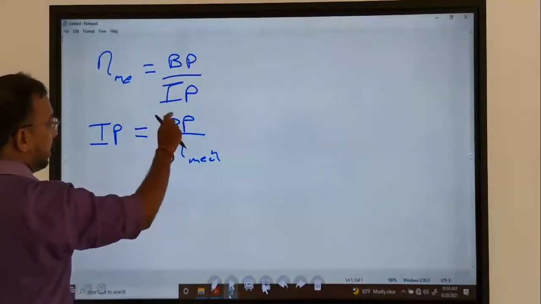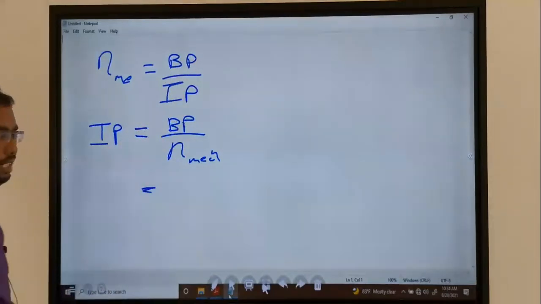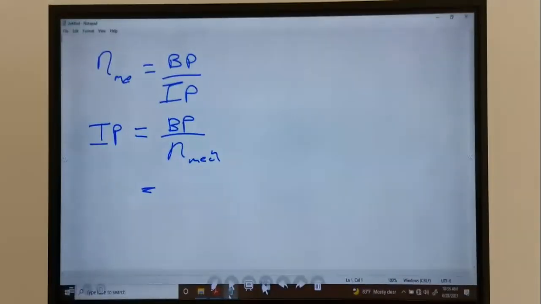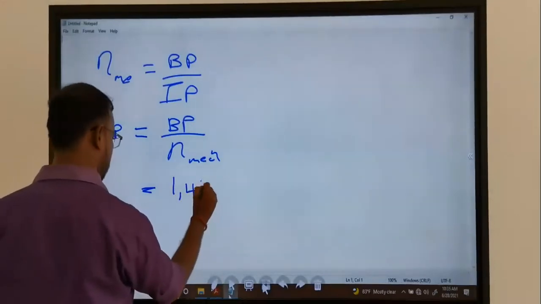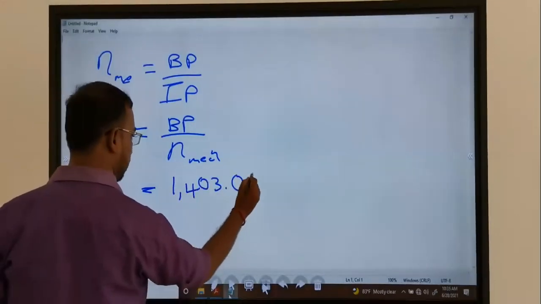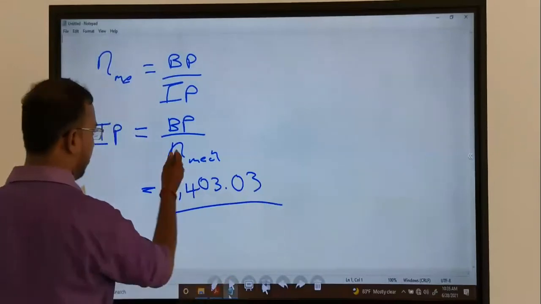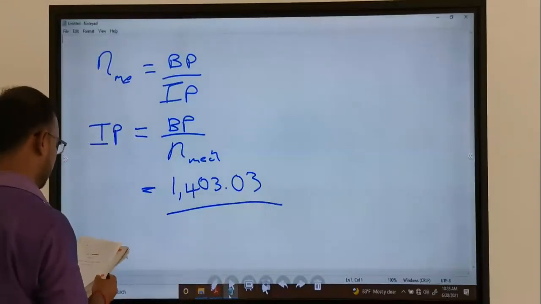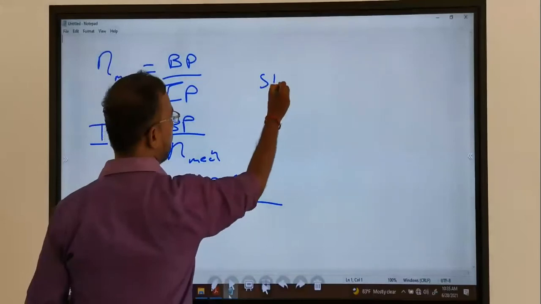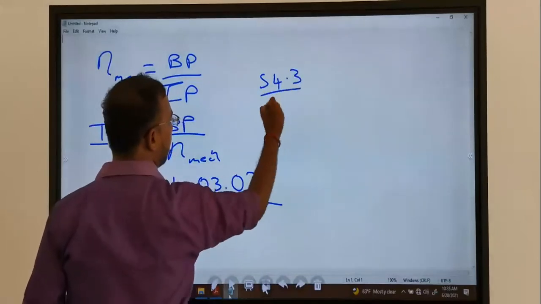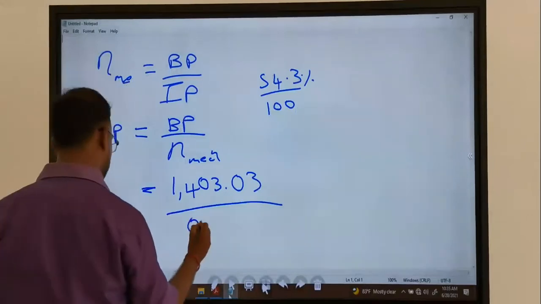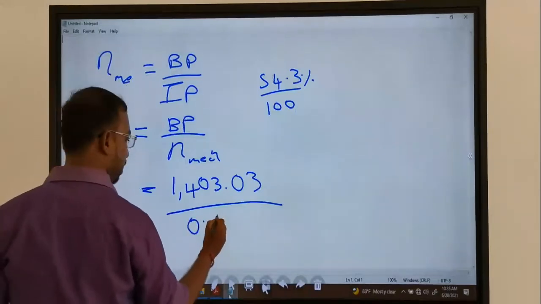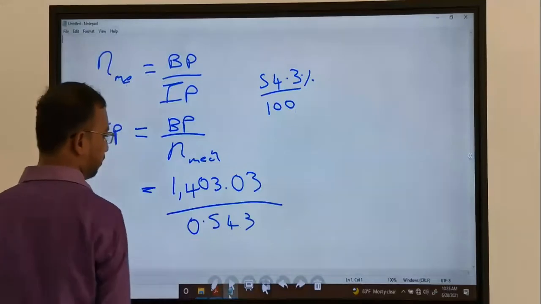If we use the brake power in kilowatts, we can find the indicated power in kilowatts. So this is the brake power, and the efficiency 54.3 is divided by 100, since it is a percentage, so 0.543.